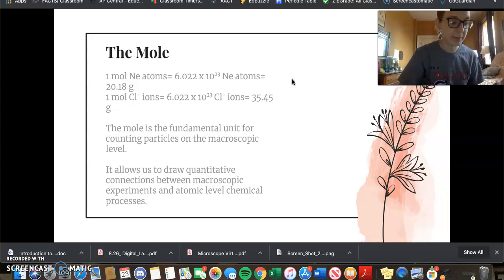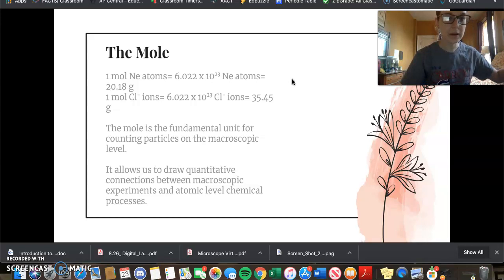If you pull out your periodic table, neon is element number 10, and its atomic mass is 20.18 AMU. So 1 atom would weigh 20.18 AMU, and 1 mole of neon atoms would weigh 20.18 grams. You'll also see it written as grams per mole, because that's how many grams there are in 1 mole.